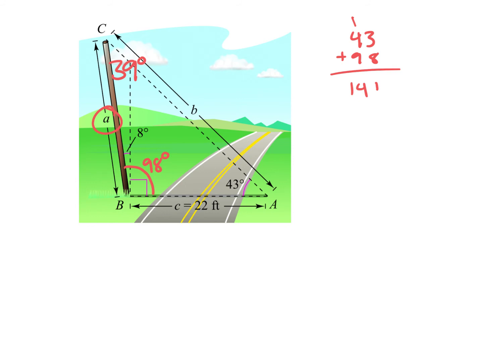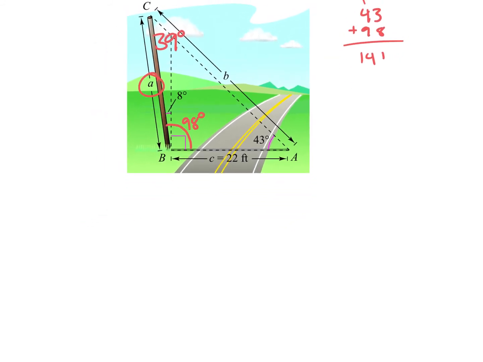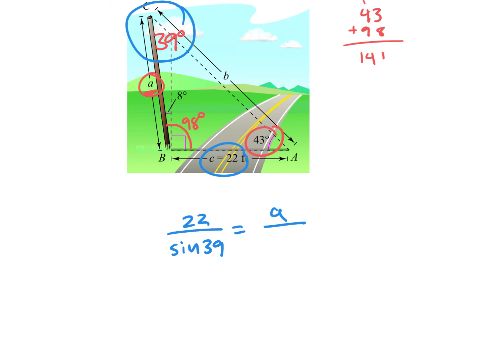All right, now I'm trying to find side A. So I know I have to use angle A in my proportion. And then do I have a pair that I have both the side and the angle? I have angle C and I have side C. So I have 22 over sine of 39 is equal to A over sine of 43.